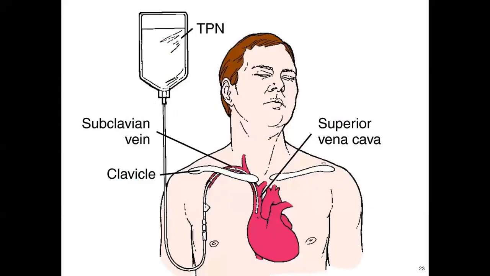So in this picture, we can see total parenteral nutrition. Usually we use the subclavian arteries, right? So total parenteral nutrition we use for the patient who is not able to take food through the mouth, right?